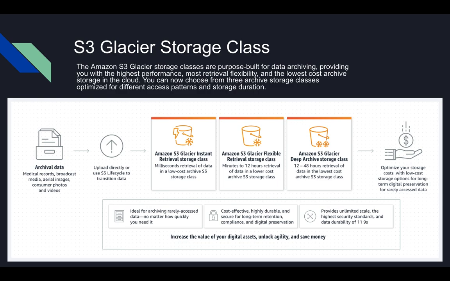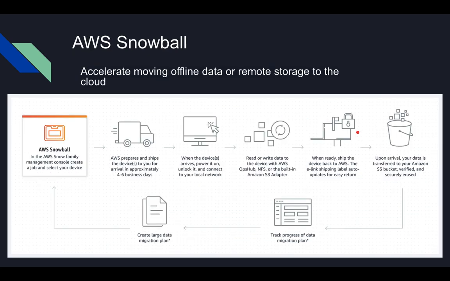Archival data will be uploaded into S3, and based on your needs, you can select whichever class is best suited for your use case, like S3 Glacier Instant Retrieval, Flexible Retrieval, or Deep Archive. Select that, and your data will be saved on S3 with that selection of class.